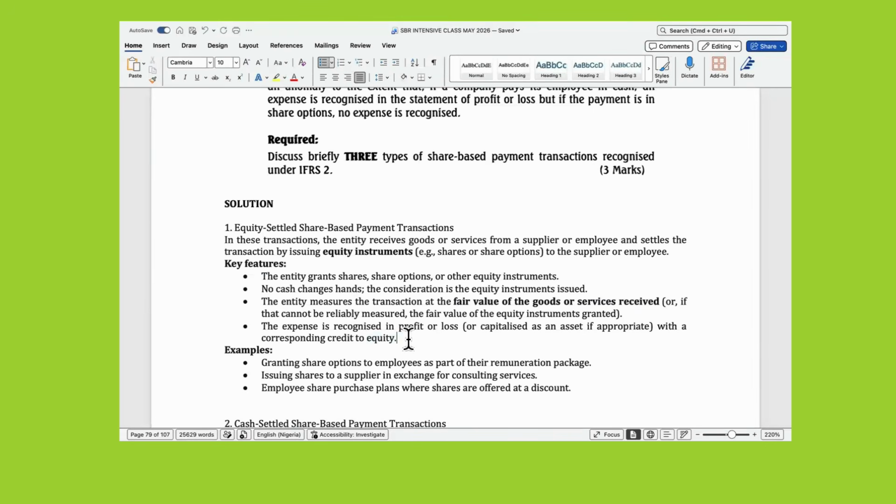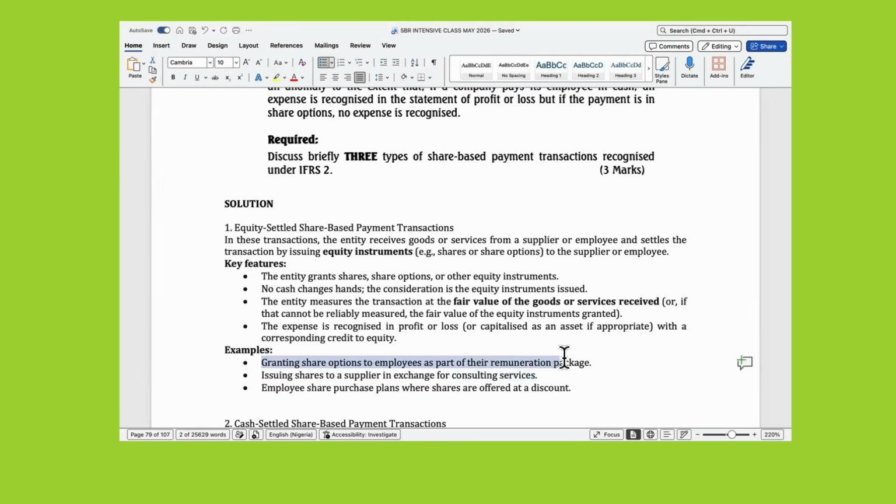And the key examples are granting share options to employees as part of their remuneration package, or issuing shares to a supplier in exchange for consulting service, or employee share options, share purchase plans when shares are offered at a discount.